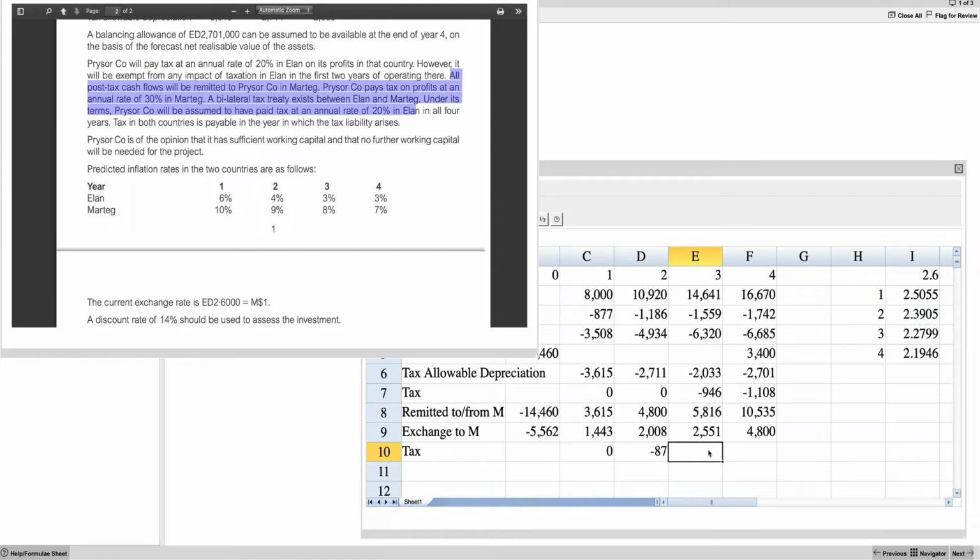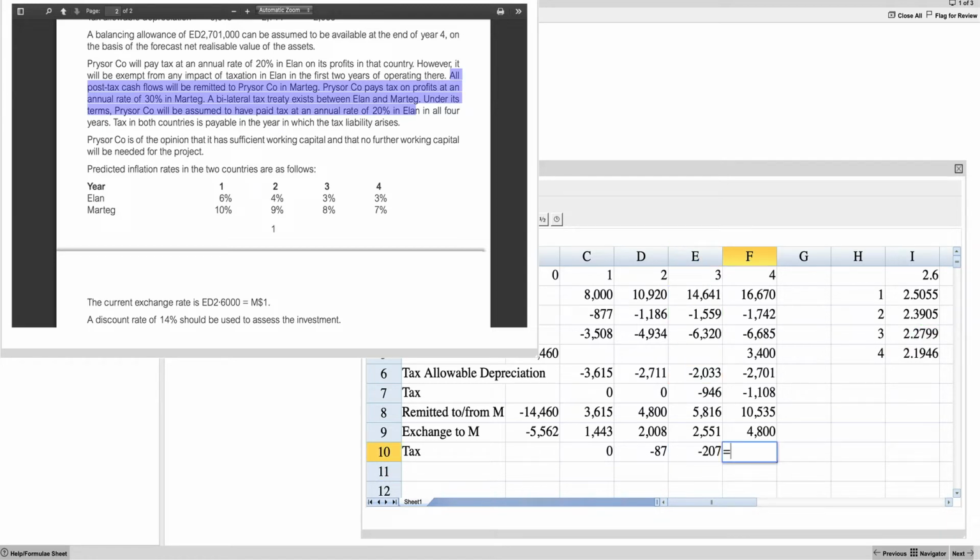Okay, so same thing in year 3, minus 10%. So the additional 10% tax that I'm paying on their profits, which is the sales, less the costs, less the tax allowable depreciation. But all those figures are in E dollars and need translating at the exchange rate in year 3.